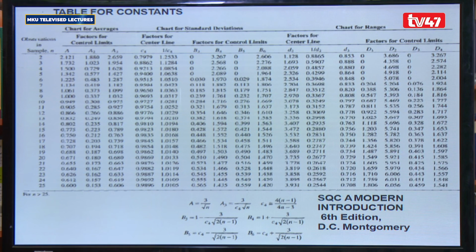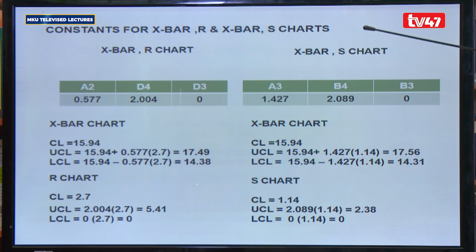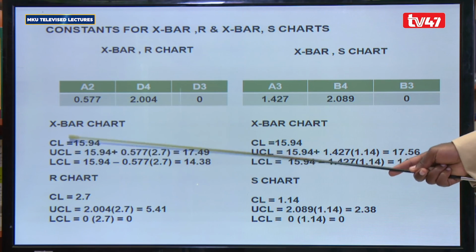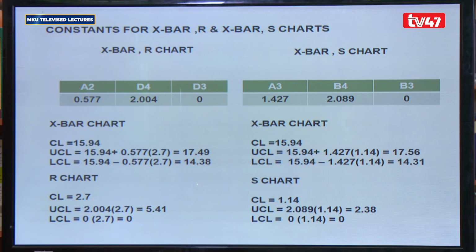So the resulting constants for the X bar and R charts and those of the S charts can be given as follows. The center line, which is the average of the sample statistic used, is 15.94.